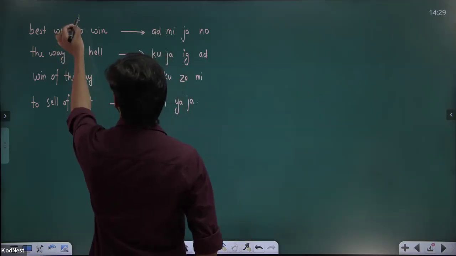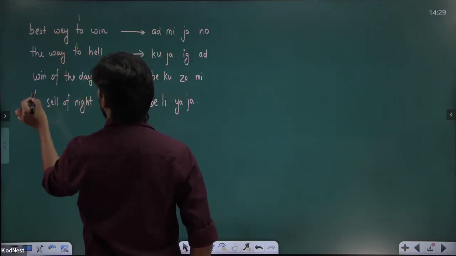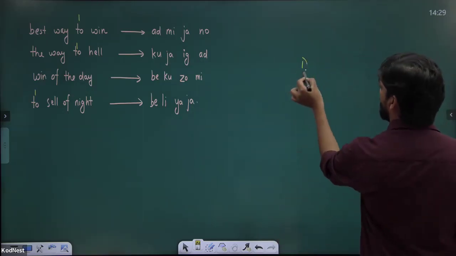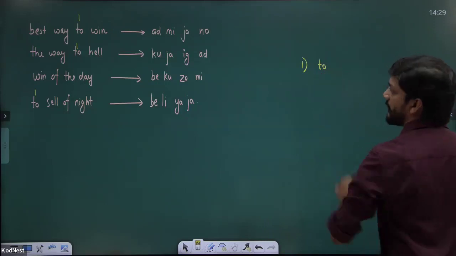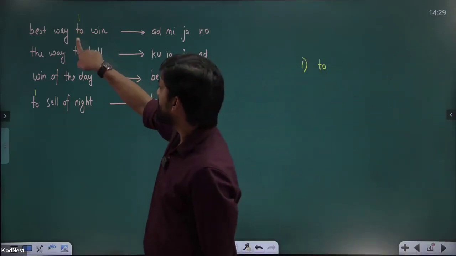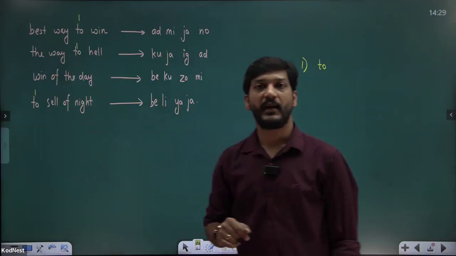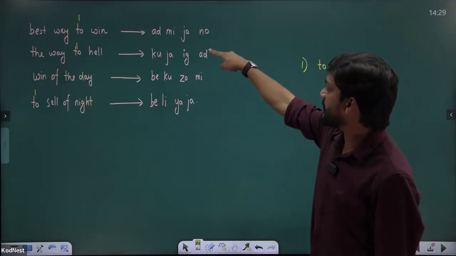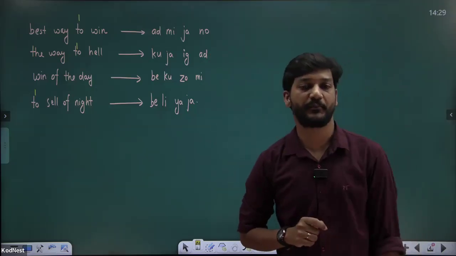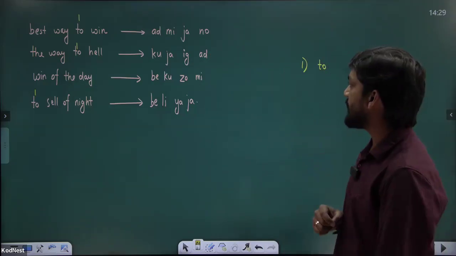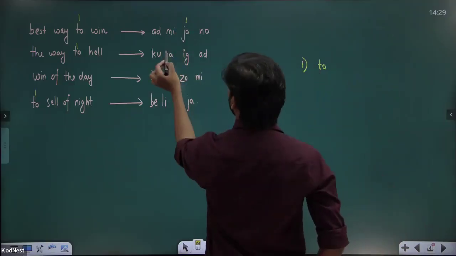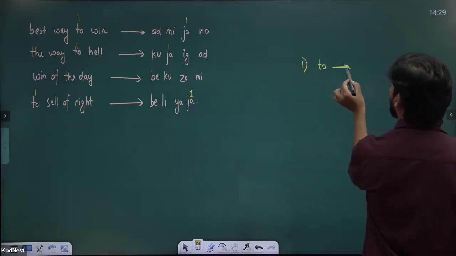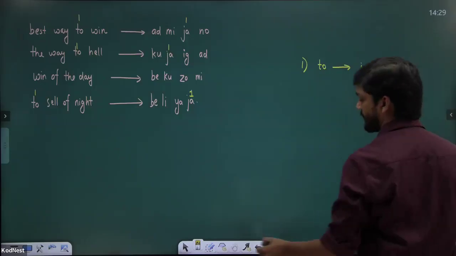Please write this as number 1. Please see the same sentences, that means the first sentence, the second one, and the fourth one. And please see on the right side. What is present in first, second, and fourth? Which word is common? JA. So JA is 1. The translation of 2 is JA.